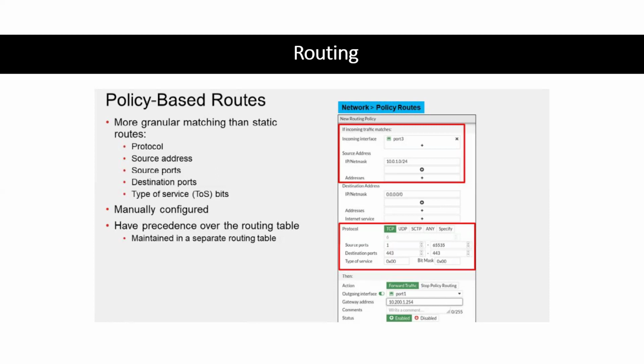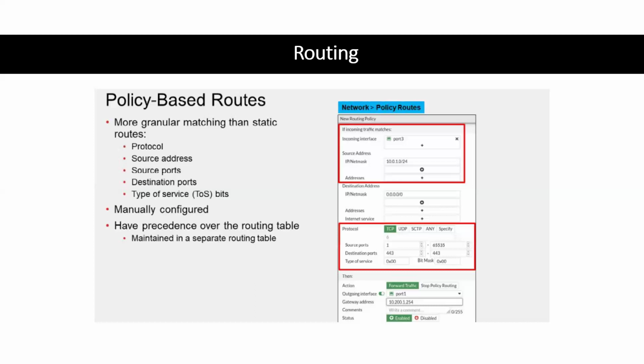But it has to match this first. In the regular firewall policies, in that if statement, we have the source and the destination, and tell it where to go. But now the policy is saying, here's the port, here's the subnet, I can add a few more addresses.